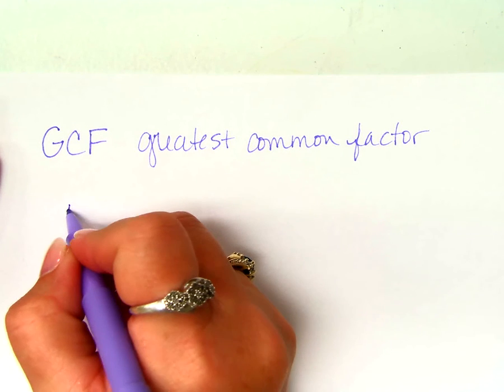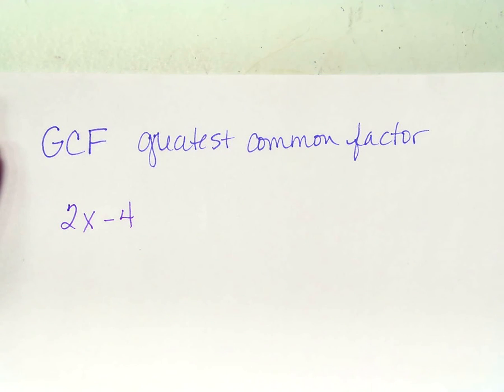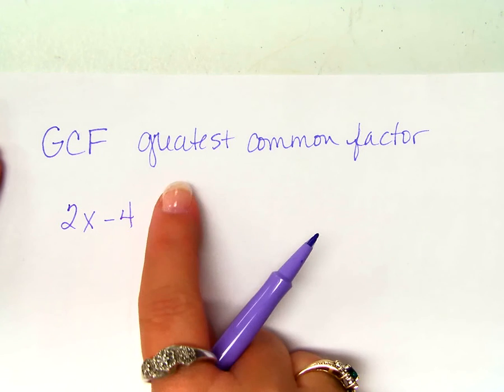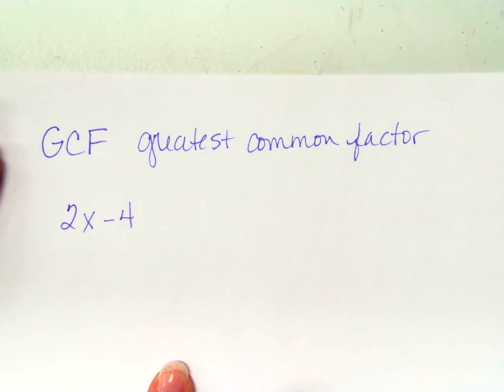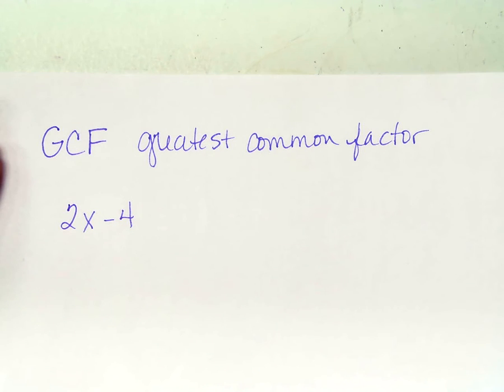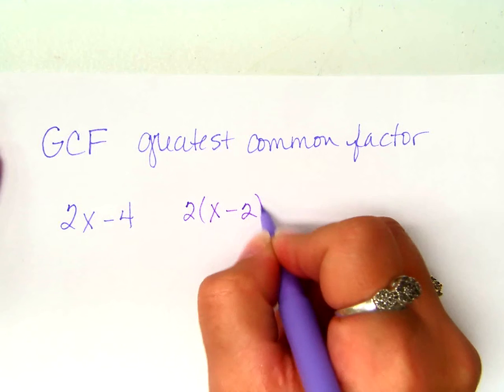If I have a binomial that's just 2x minus 4, look at each term separately and think to yourself, do they have a greatest common factor? Is there something that both of these are divisible by? A 2, right? If I factor out a 2, I end up with something that looks like that.